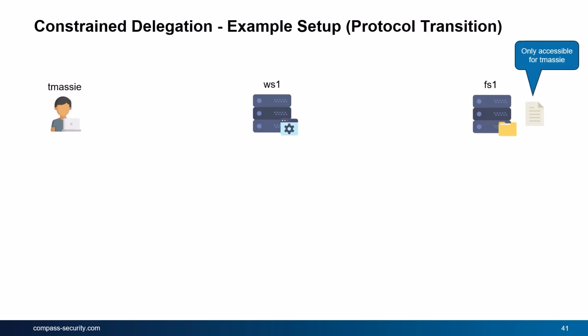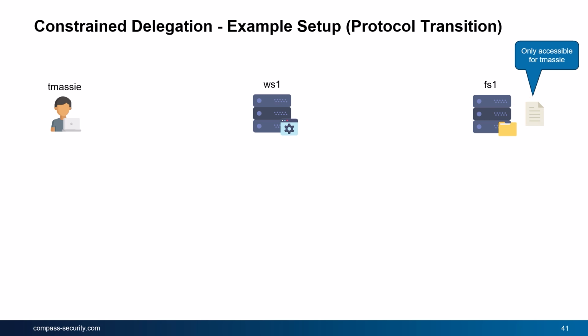Before we look at the actual example of Kerberos constrained delegation with protocol transition in our lab, let's quickly discuss the setup that we are going to see in a minute. So we have, again, a user, Trevor Massey, we have a front-end system, WS1, and we have a back-end system, FS1 in our case, that has a file which is only accessible to Trevor Massey.